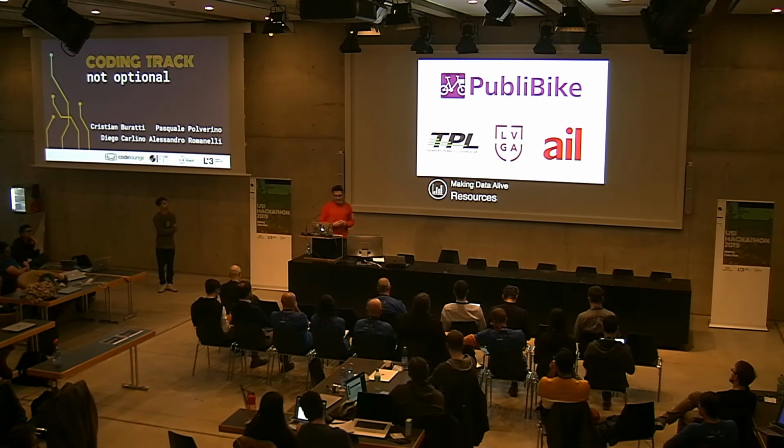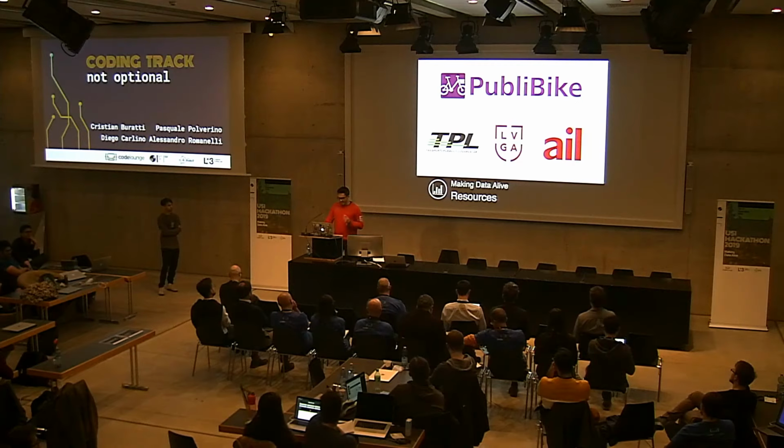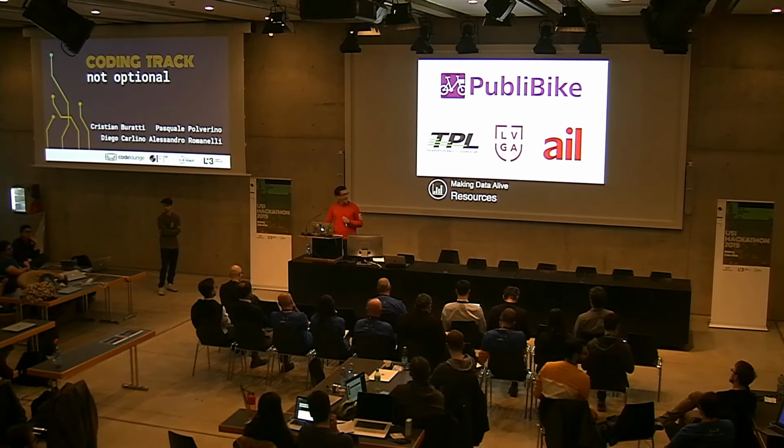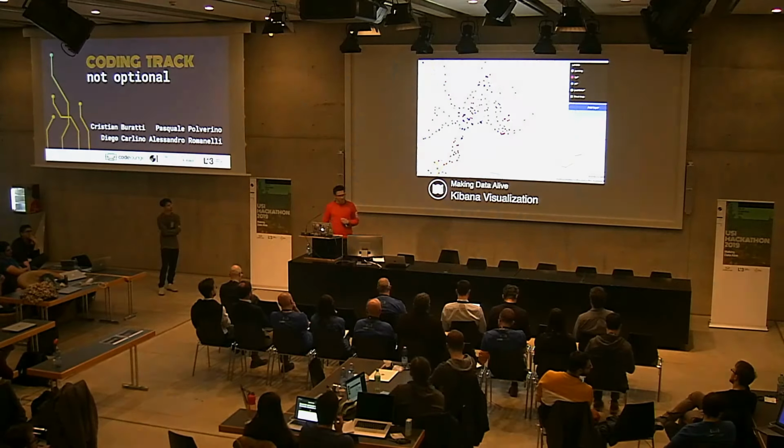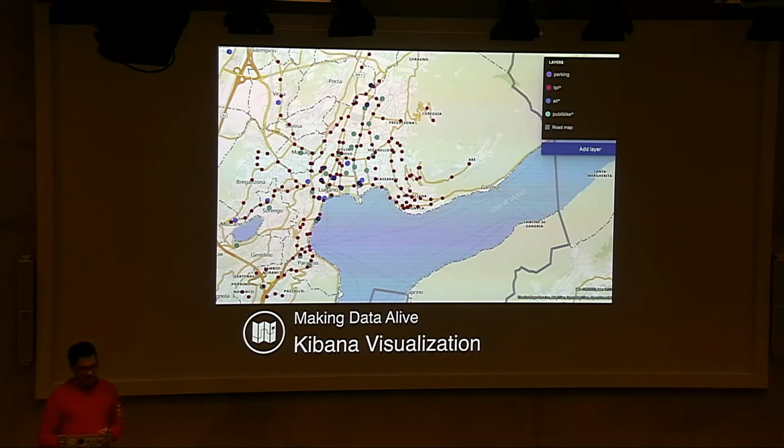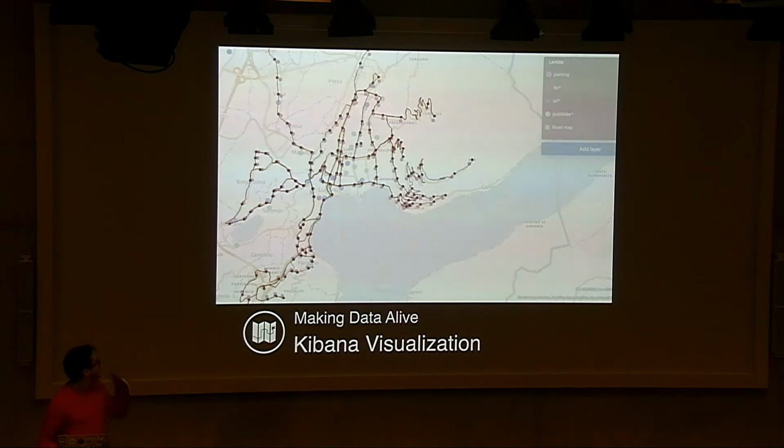We also wanted to thank Publibike, TPL, the municipality of Lugano, and AIL for bringing us the data that we used to produce our app. This is a visualization of the data that we were able to gather. And let's cut to the real deal, and let's show you what the app is like.